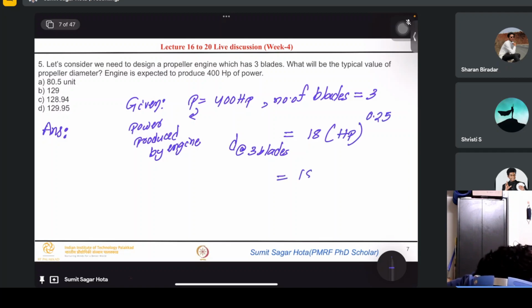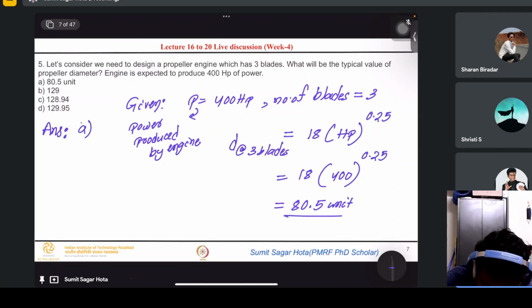So 18 into 400 to the power 0.25. By solving you will get 80.5. So the answer is A.